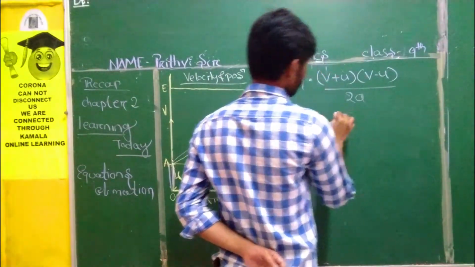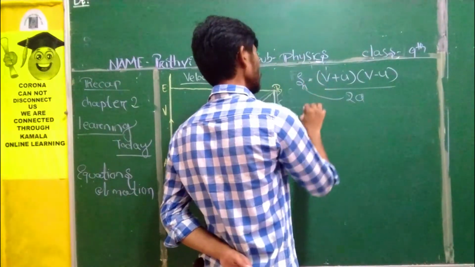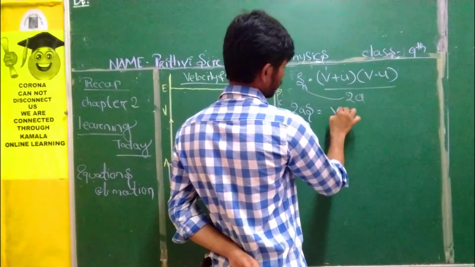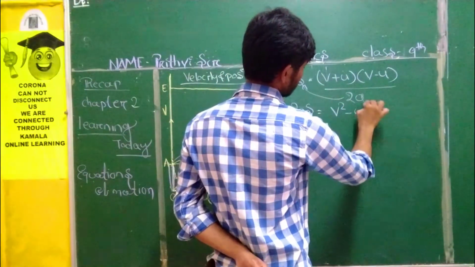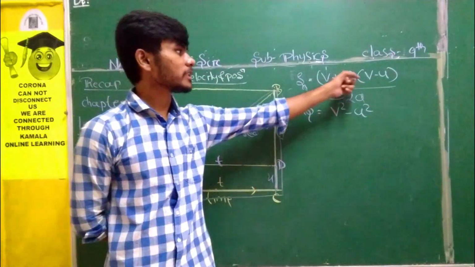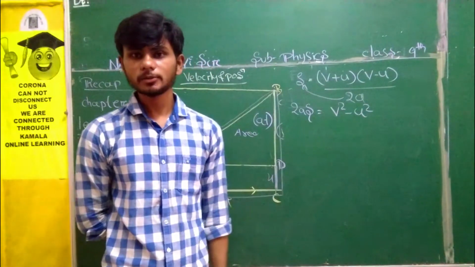This is what we got. So I'll multiply 2A to this side, and we get 2AS is equal to V square minus U square. Why did I get this? Because (a plus b) into (a minus b) is equal to a square minus b square.